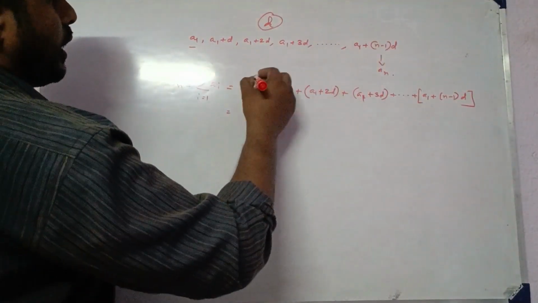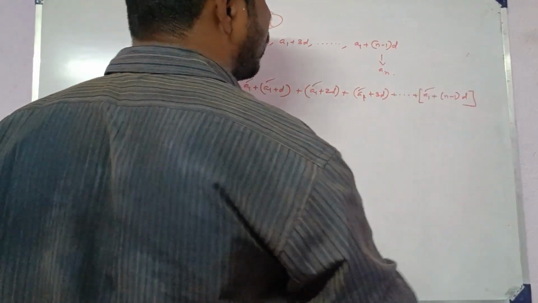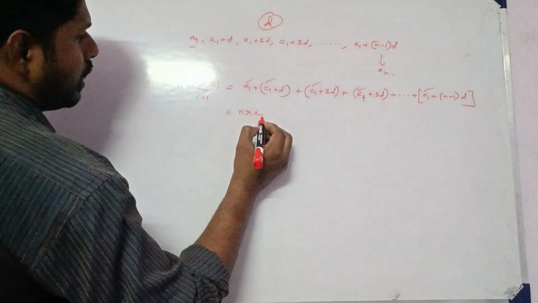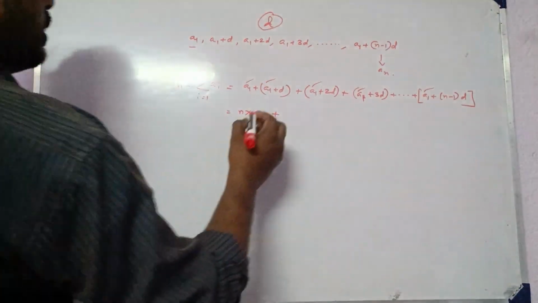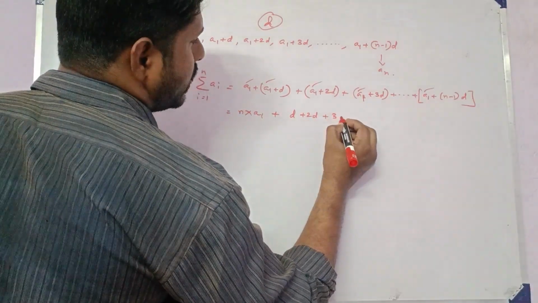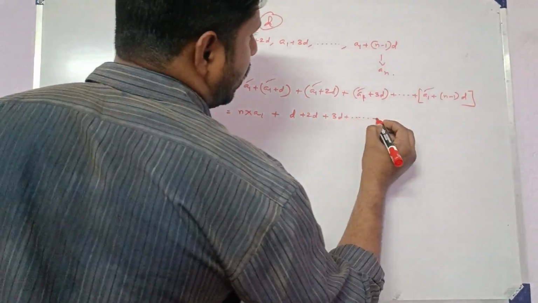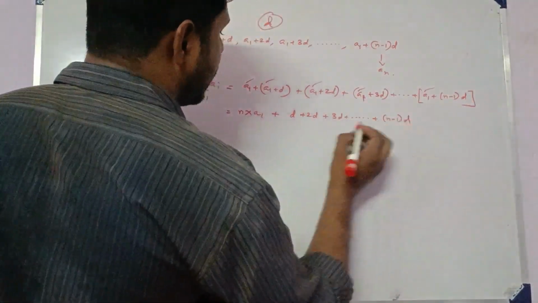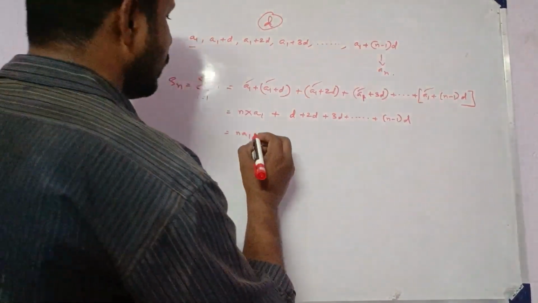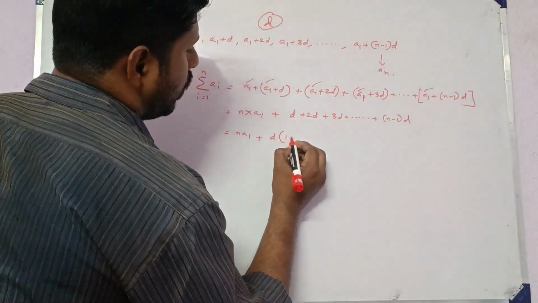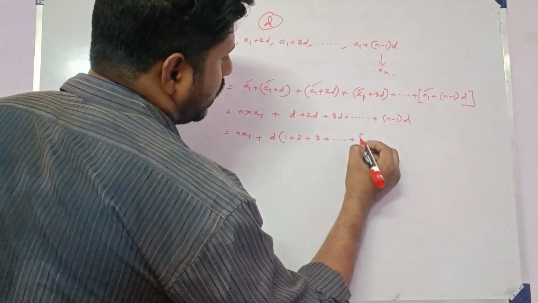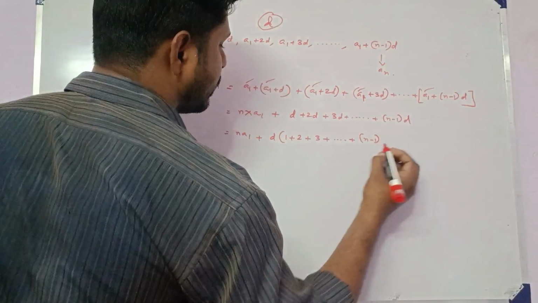If we add this, see, there are n a1s, so n into a1, plus d plus 2d plus 3d plus dot dot dot plus (n minus 1)d. If we take d common, it is n a1 plus d times (1 plus 2 plus 3 plus dot dot dot up to n minus 1 terms).